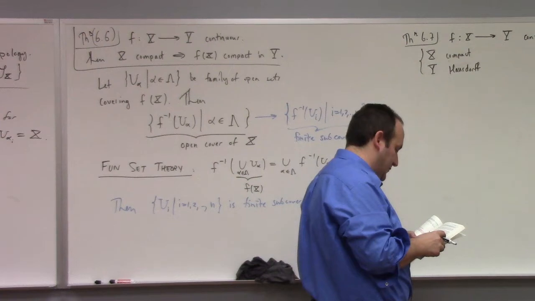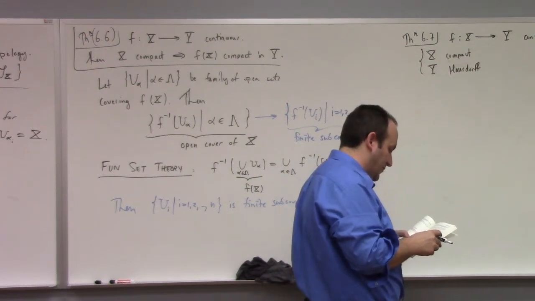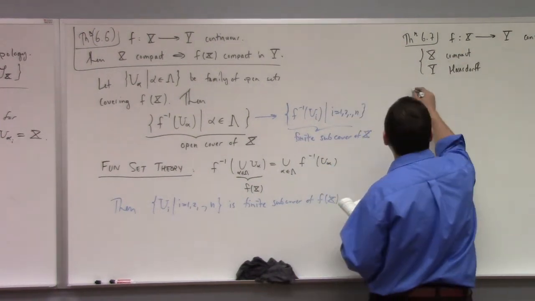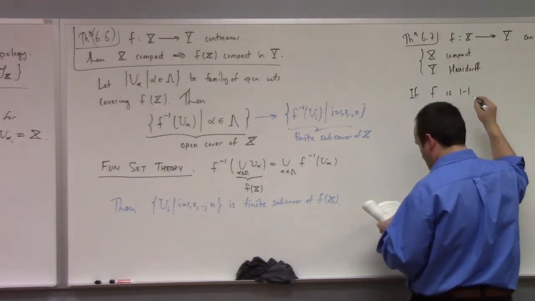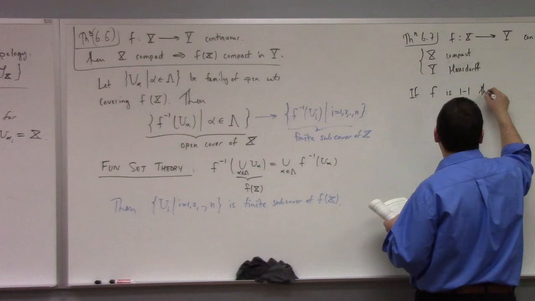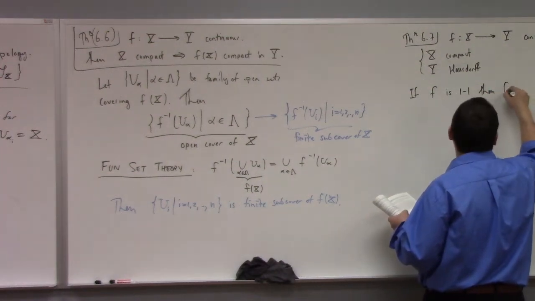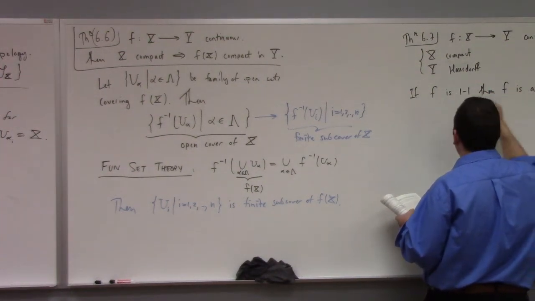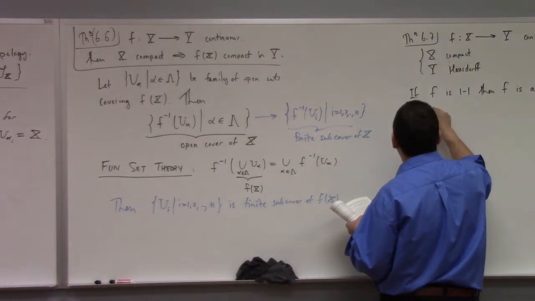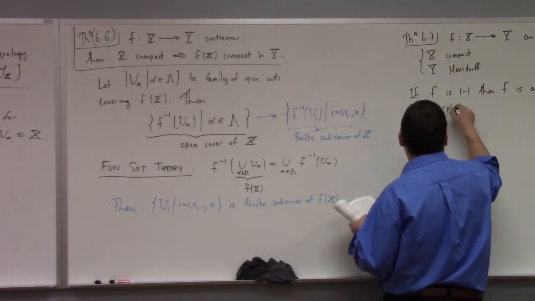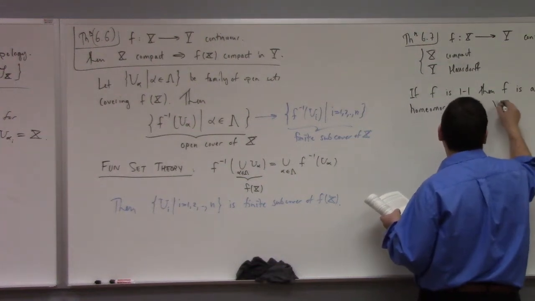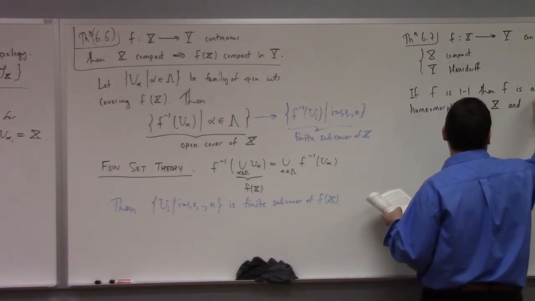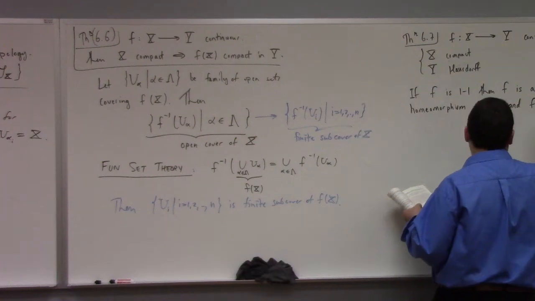If f is 1 to 1, then f is a homeomorphism of x and its image.